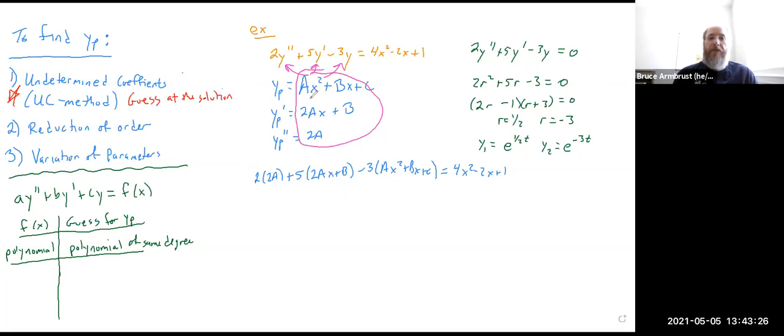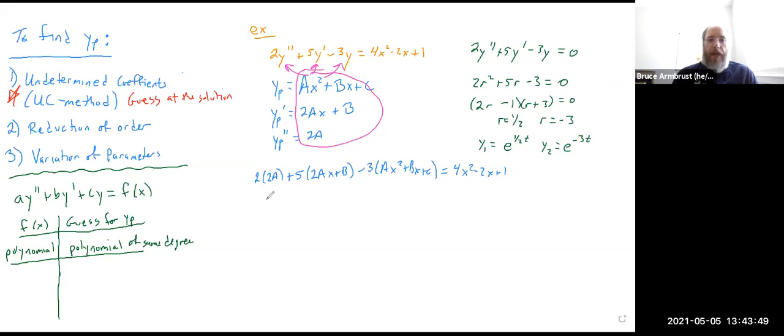If this is a solution to the differential equation, when I plug it in, I have to get the answer. Now, what this is going to do is just give us a system of equations. So let's just distribute, group like terms and all that good stuff.